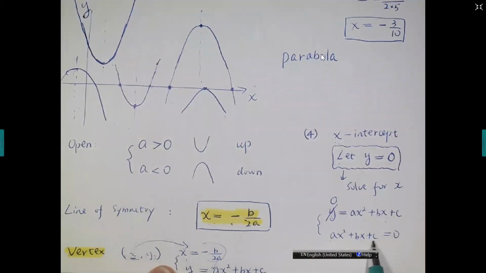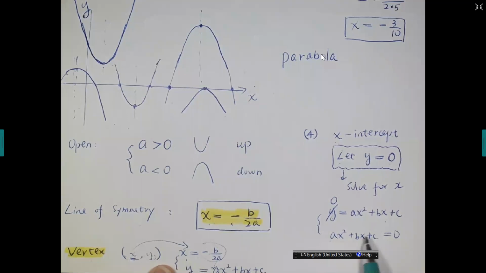Do we know how to solve for x? This is what we have been doing in chapter 9. How do we solve the quadratic equation in one variable? X is the only variable. If we can factor it, the factor method is the best way, the fastest way.